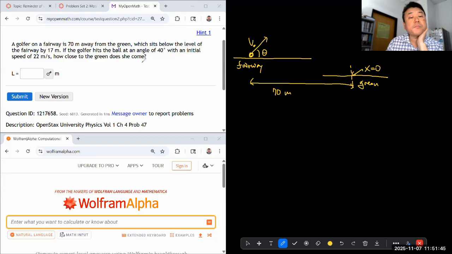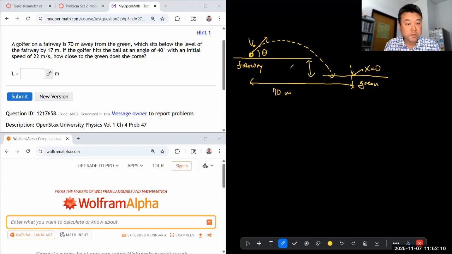And the golfer hits the ball at an angle, yeah. And then I guess I should kind of imagine it doing this way. And in order to make the problem solvable, I'm gonna assume that the ball doesn't do this. Like in a physical setup, that might be possible, but I think that makes the problem more complicated than it's meant to be. So I'm gonna assume it clears the fairway and it's gonna be level with the green.